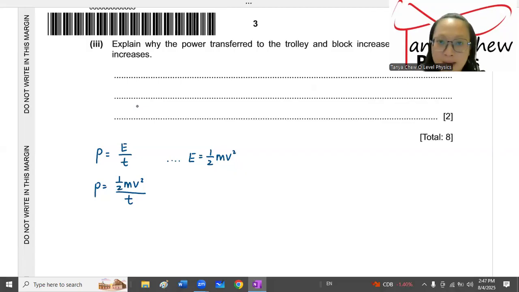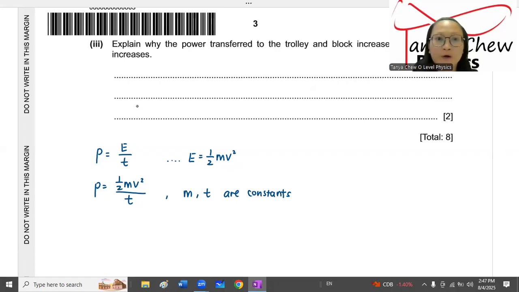And I know that the mass of the trolley and the block is constant and the time taken is also constant. So m and t, I have to make sure are constant first. Then only I can say that half is just a number, and power is directly proportional to speed squared.